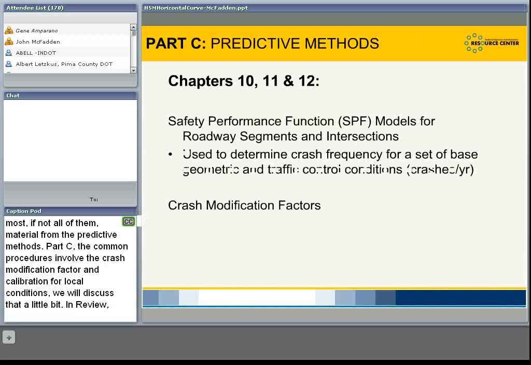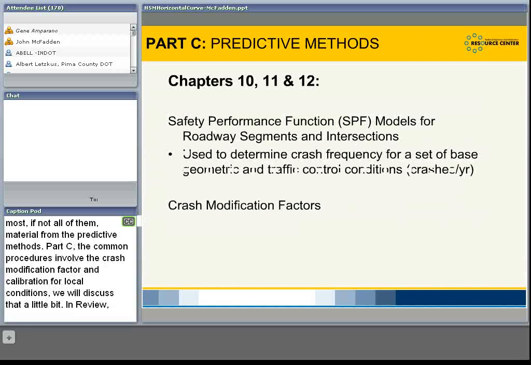If we were to apply this, you'll notice in this example the number of crashes we're predicting is based on this safety performance function. In its very simplest form, it's just a crash model. It tells you how many crashes are going to occur on a two-lane rural highway based on the section length in miles and the ADT.